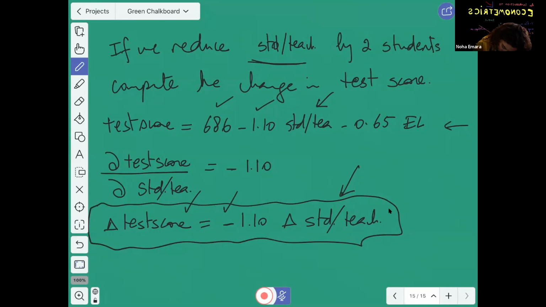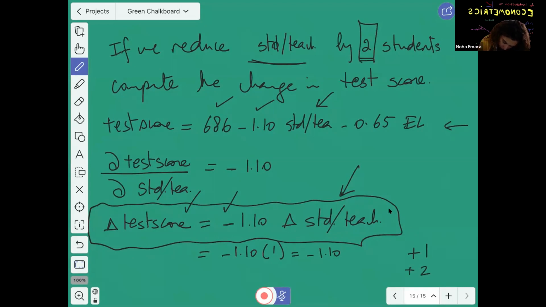In other words, if I have an additional student, plus 1, the test score would fall by 1.10. Now the question is asking you about 2 students.